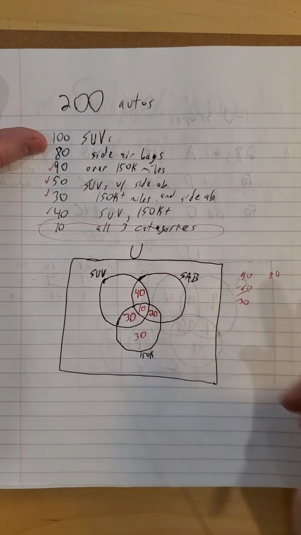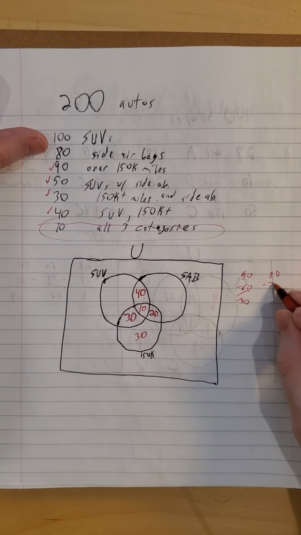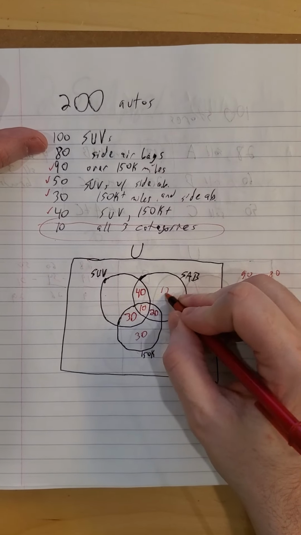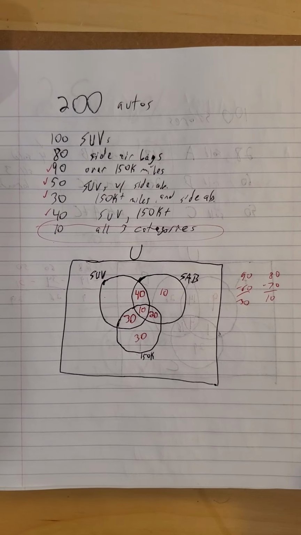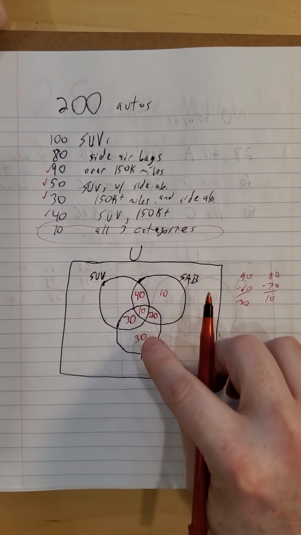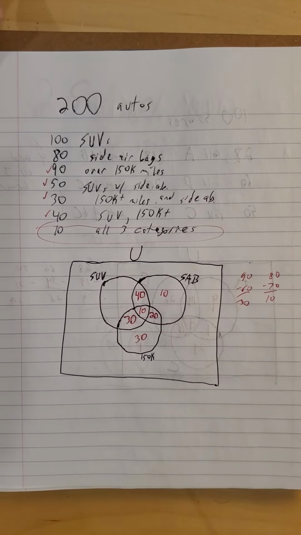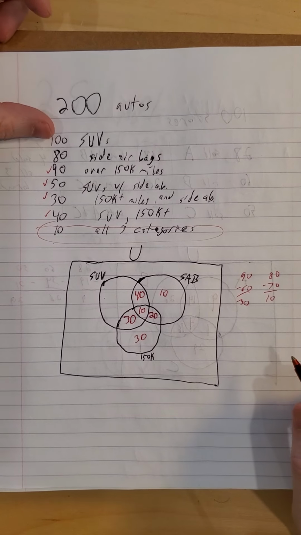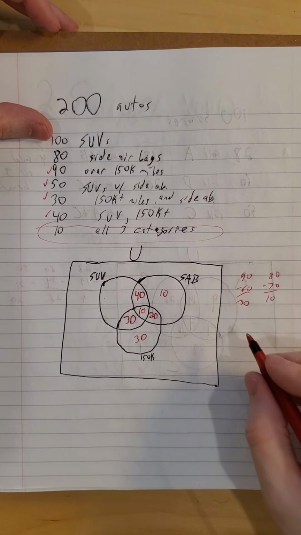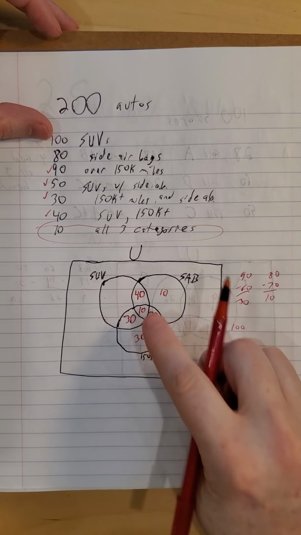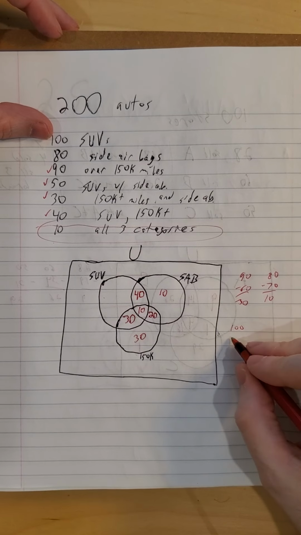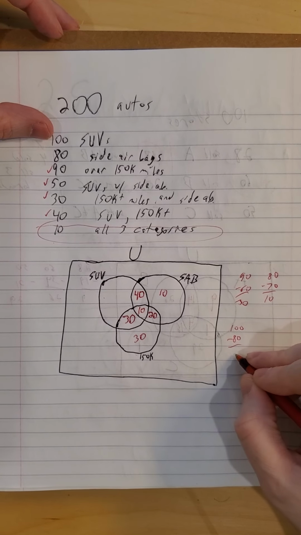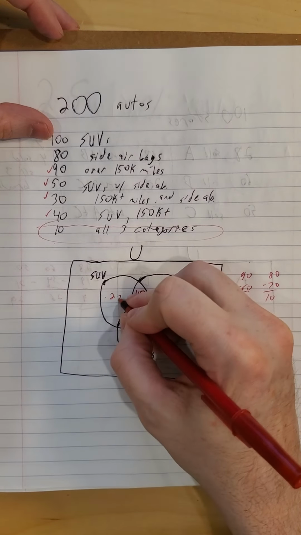You put down 70 of them so far. Or 10 left over. So 10 vehicles had side airbags but weren't SUVs and had under 150,000 miles on them. 100 SUVs. We have 80 of them already up. 80 of them are already in the Venn diagram, 20 of them left over.